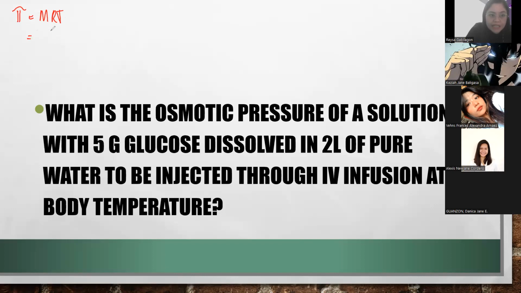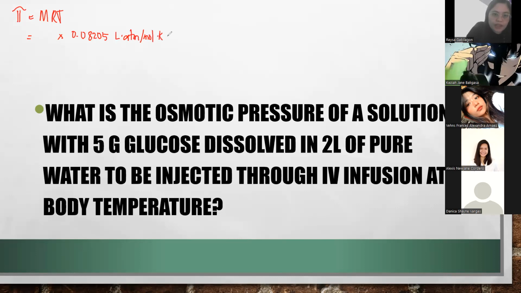But for the molarity, syempre wala. Later na natin yan siya ilalagay dyan. Yung ating R, 0.08205 liter ATM per mole K times our temperature.